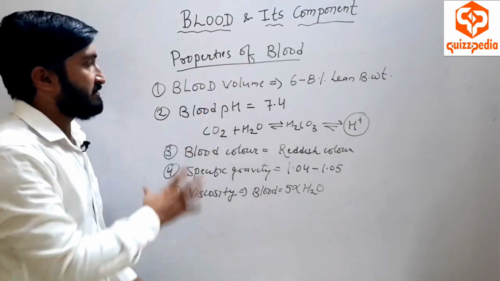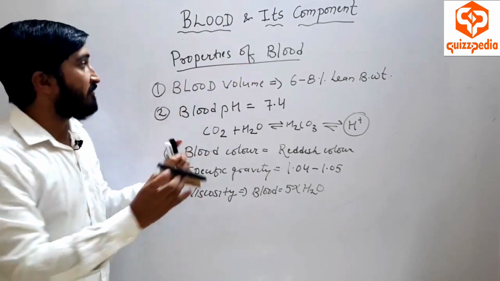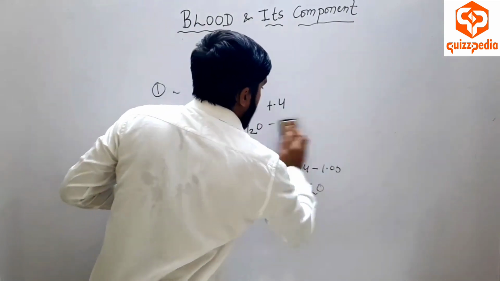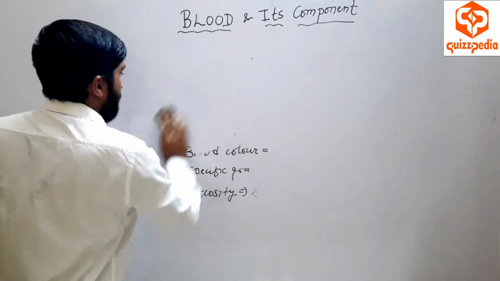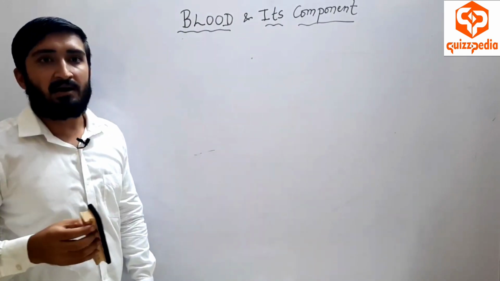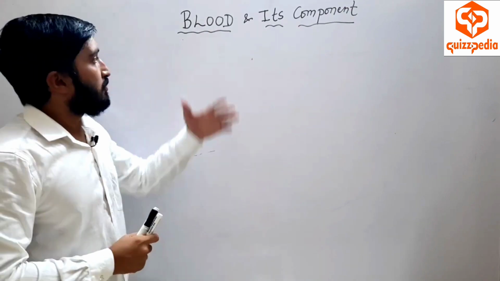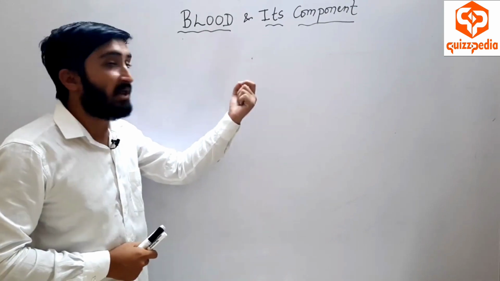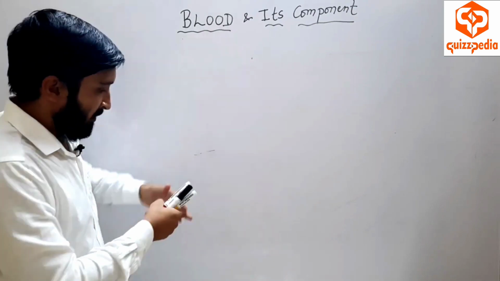Now I am going to explain the next important topic from the objective point of view, that is the difference between plasma and serum. Many times students get confused about what is plasma and what is serum. The difference between plasma and serum is only due to the addition of anticoagulants.